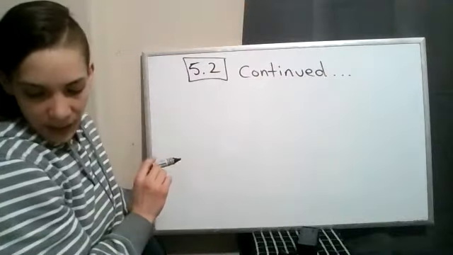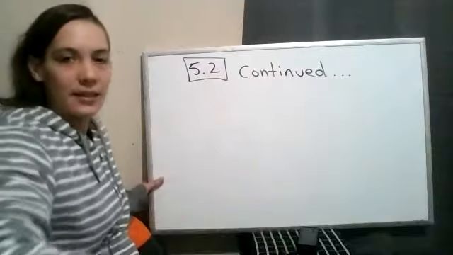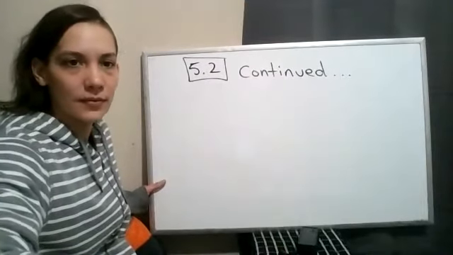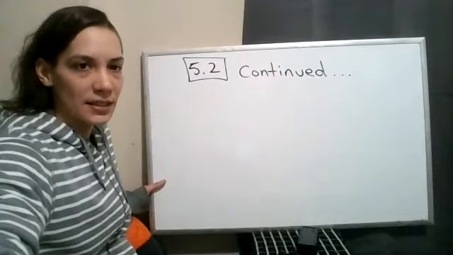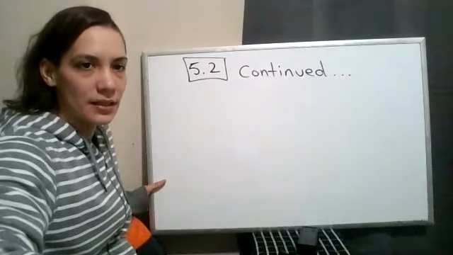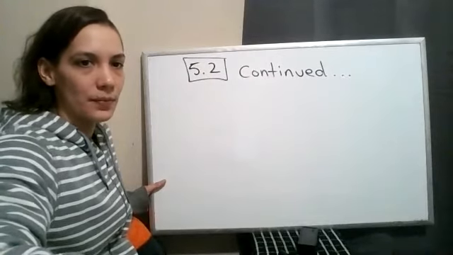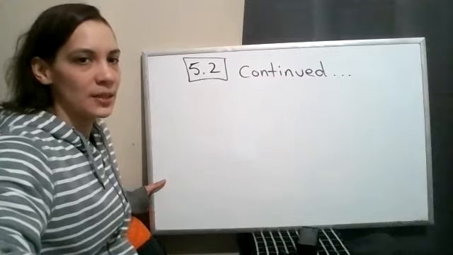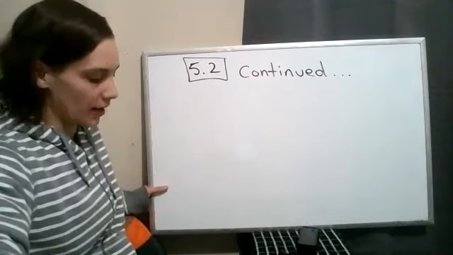So the first part is a graph that is connected. A graph consisting of a single piece or component is a connected graph.